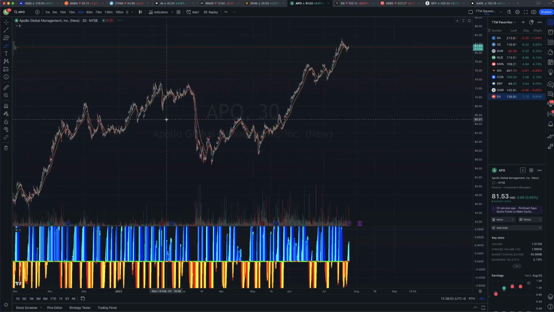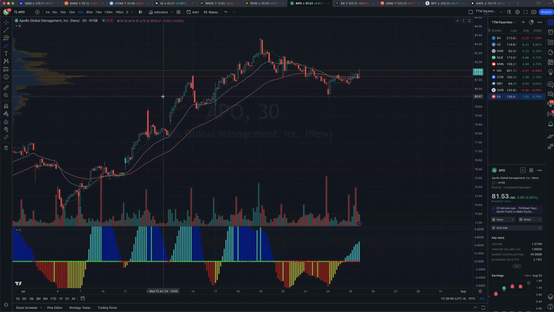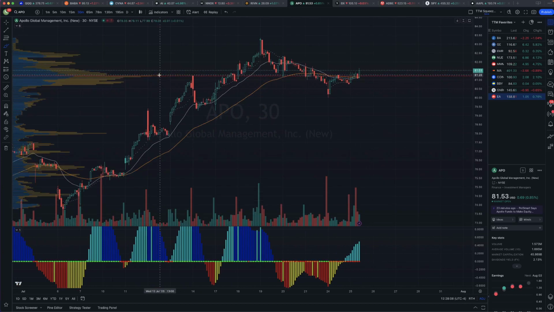APO 30-minute chart. Point of control clearly sitting right here at 81.22. For me, bottom end of this value area low sits there at 80.69.